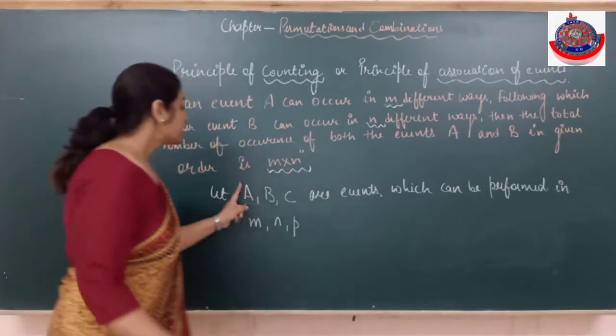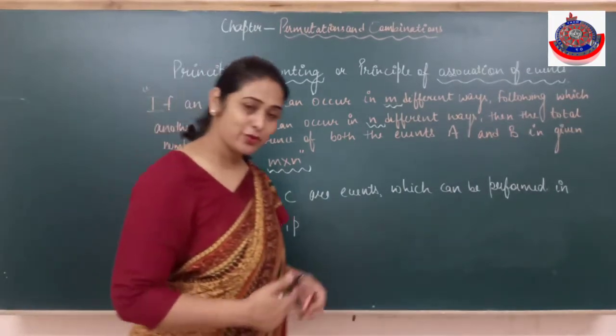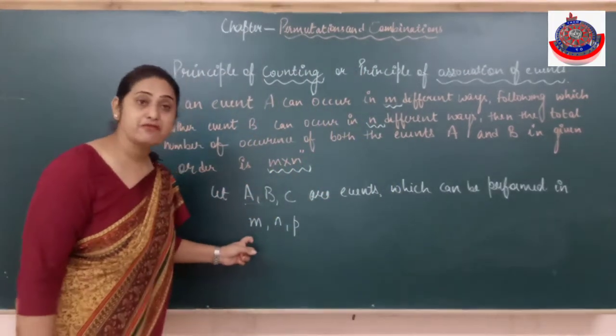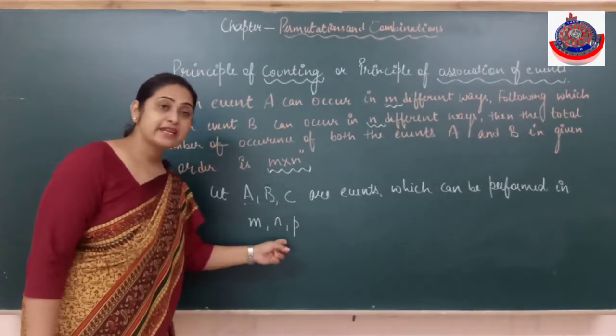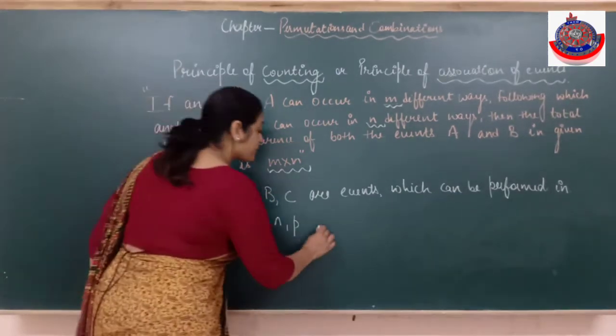No. First A is performed as a task. First I will enter the park, then only I will exit. So the first A can be performed in m different ways, B can be performed in n different ways, followed by C can be performed in p different ways.